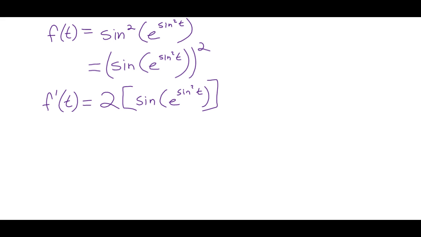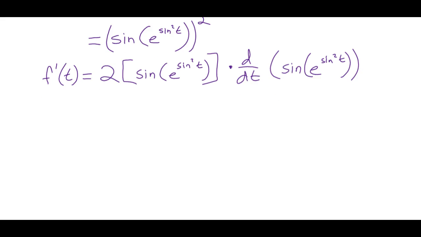So actually let's write that down. d by dt, and the inner function is sine of e to the sine squared t. Okay, so there's the derivative of your outer function times the derivative of the inner function. I'm just enumerating this because again, we're using the chain rule.